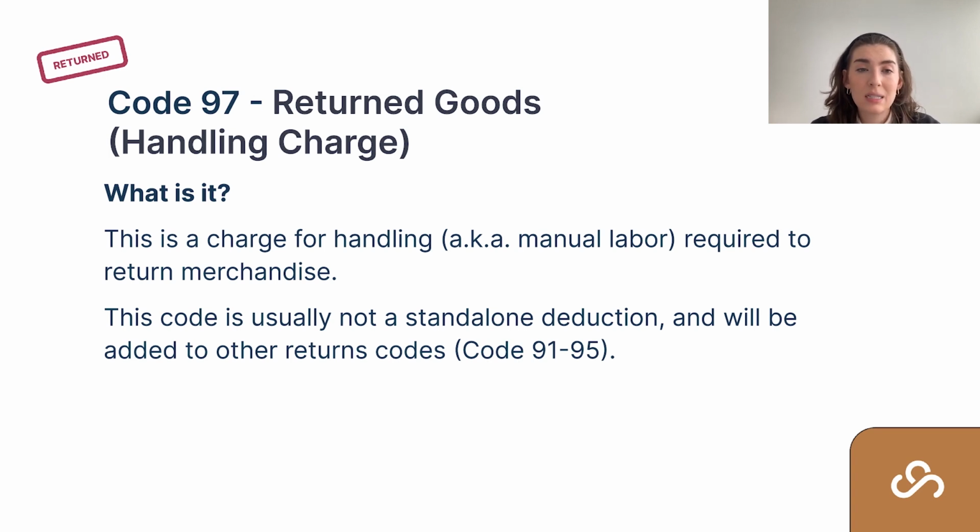If you're seeing this and you're not able to track an invoice or claim number from a Code 97 or a Code 44 to one of those meat and potatoes codes, Code 91 to Code 95, then I would either wait to see if it hits or start to ask questions and see if there is a main code, because this is not usually one that you would see coming across as a standalone deduction.